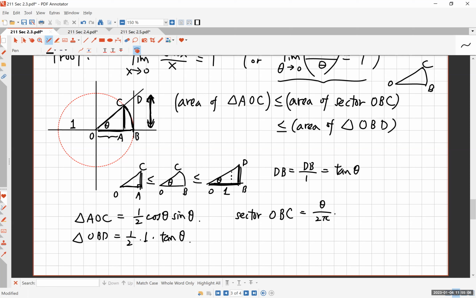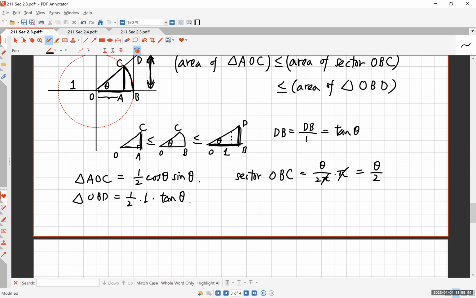So that's pi times 1 times 1, which is pi. So the entire circle is pi, but we're only taking a small piece, which is represented by theta over 2 pi. And that's because this angle is theta, and the entire circle has the central angle of 2 pi, right? So theta over 2 pi is the percentage of the entire circle, which has the area pi. Well, you can cancel this. So it's really easy to find the sector area of OBC, which happens to be theta over 2.